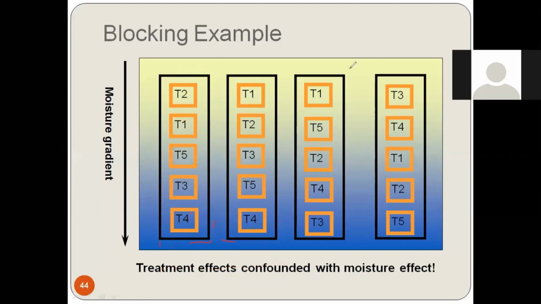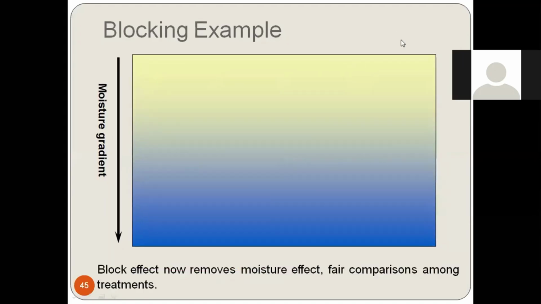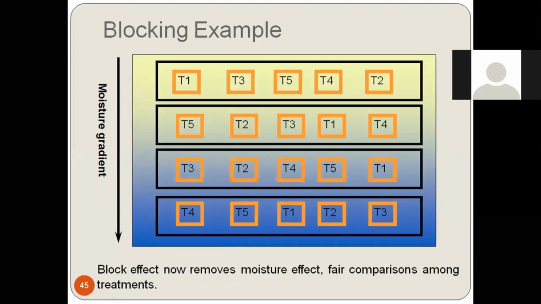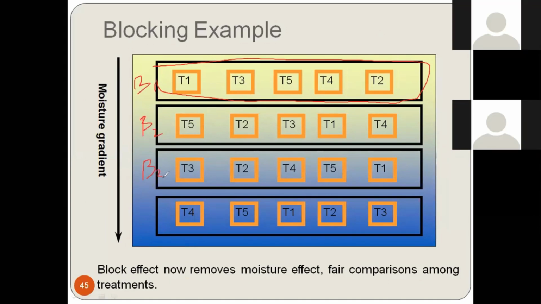Then we look at the second example. If the moisture gradient is in that direction, how about this one? Correct. So this way of blocking is correct. Why? Because this is one block, B1, this is B2, and so on, B3. Look at this example: B1, treatment 1, and treatment 2 on the other corner.